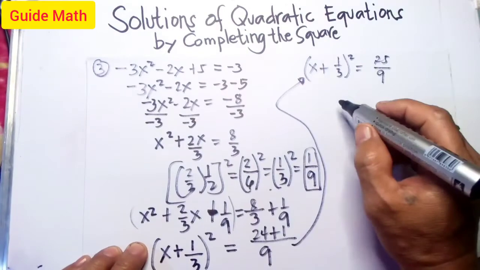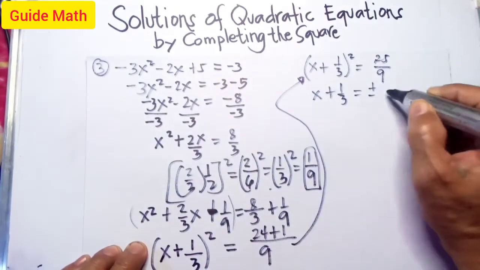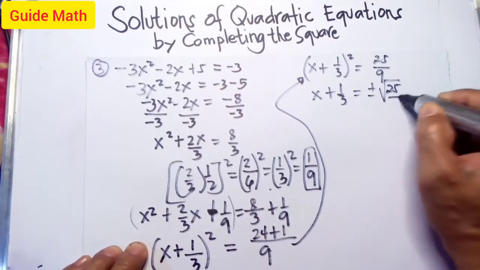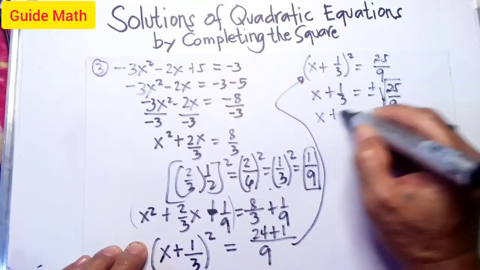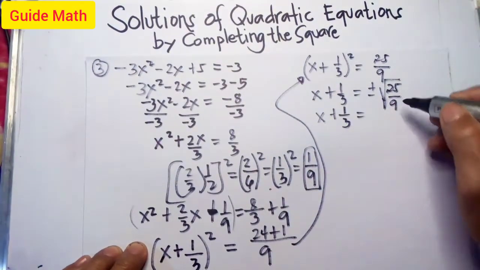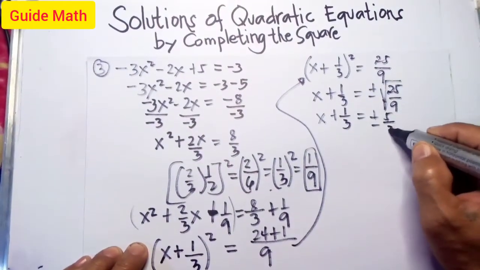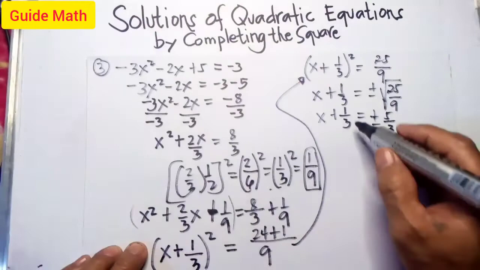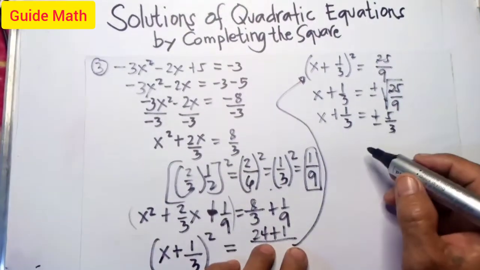Then we have to extract square root here. x plus 1/3 is equals to plus or minus square root of 25 over 9. Okay. Then, x plus 1/3 is equals to, nagkataon that 25 and 9 are perfect squares, plus or minus 5 over 3. Okay. Then, we are going to transpose that positive 1/3 on the left hand side of our equation.